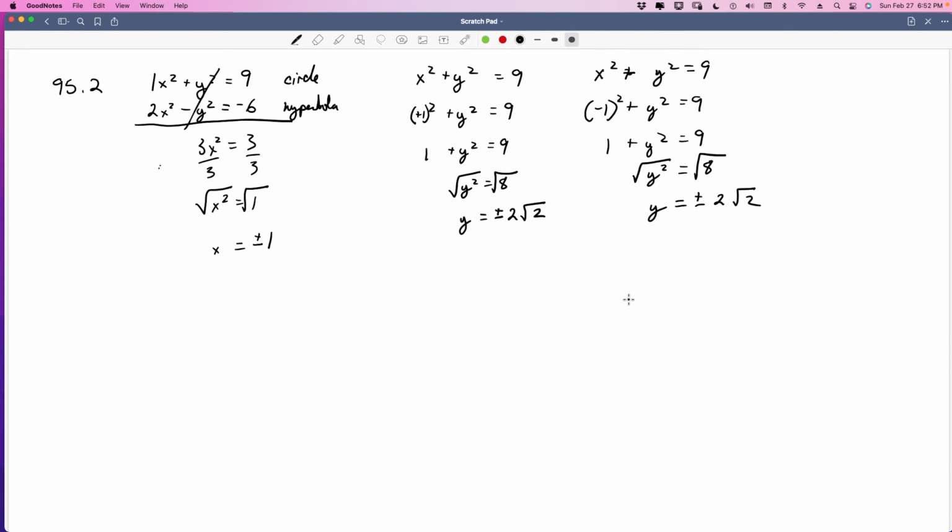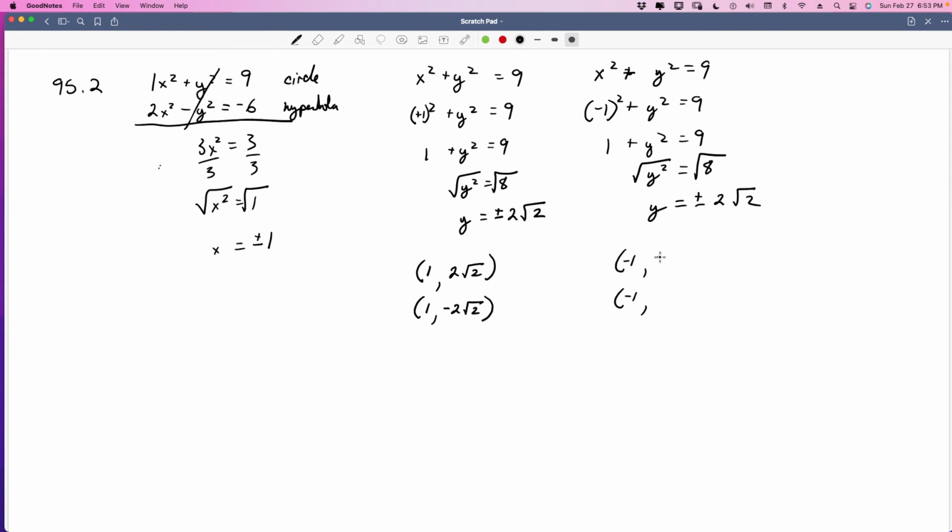So what we're going to do is write, because we have 2 answers, a plus and a minus, we have 2 points for each system. So when x is a positive 1, our answer for y could be either 2 times the square root of 2 or negative 2 times the square root of 2. And when our x value is a negative 1, we have the same options.